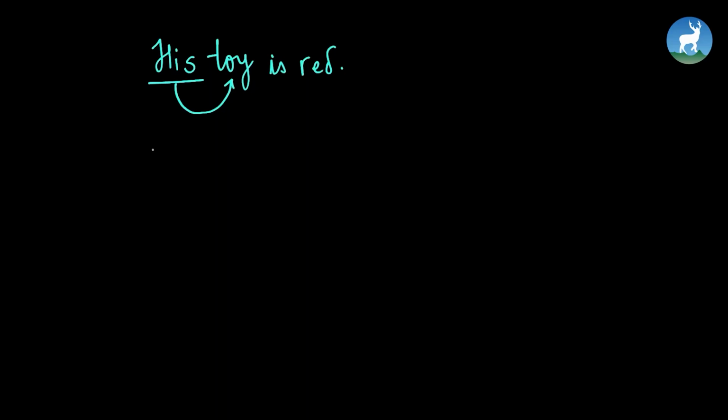Now, let's take one more example. Our school is big. Now, our tells us that the school belongs to all of us, right? Yes or no? Yes. So, the thing you will have to remember is possessive adjectives change depending on who owns the thing.